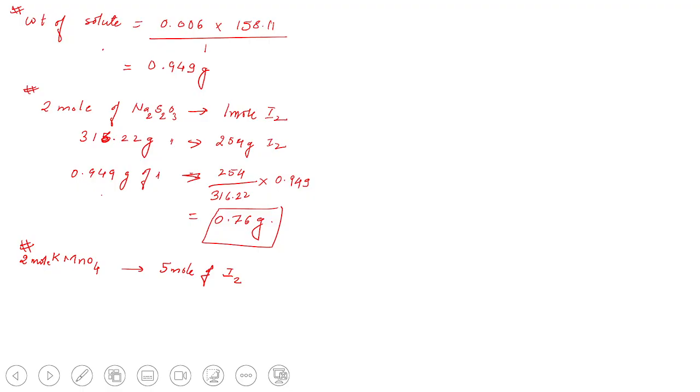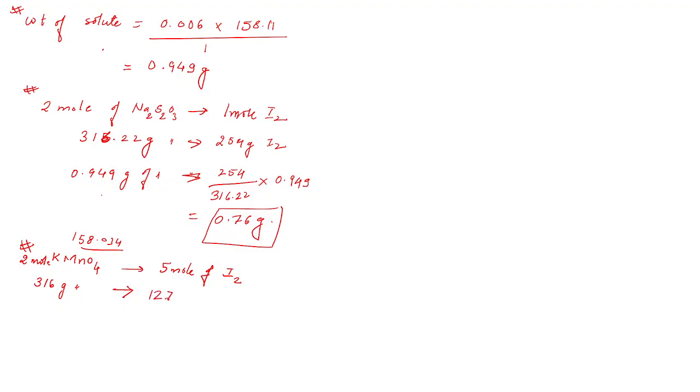So x gram, and the molar mass of this is 158.034 something. This is the mass of KMnO4. So 2 moles means multiplied by 2, so 316 gram of KMnO4 gives 254 multiplied by 5, which is 1270 gram of iodine.